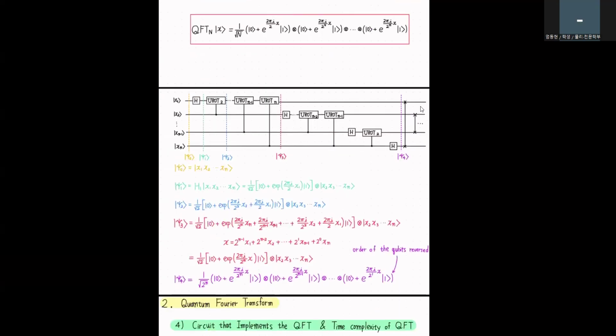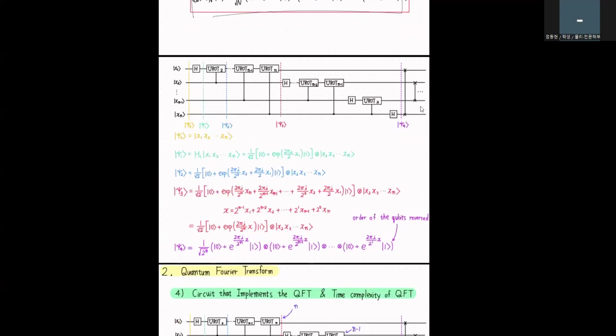So first we begin, and to remind ourselves, this is the final state we want to implement the QFT. We begin with a simple bit string vector over here. And then we apply H1 over here, and then we get this result over here. And this is identical.